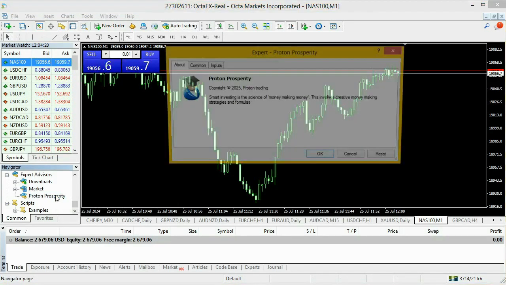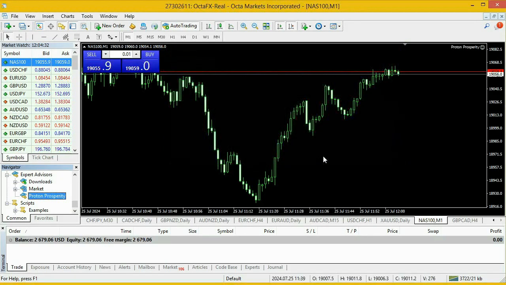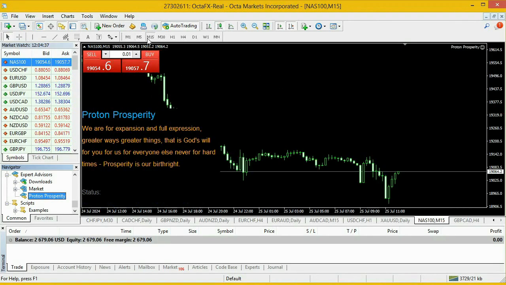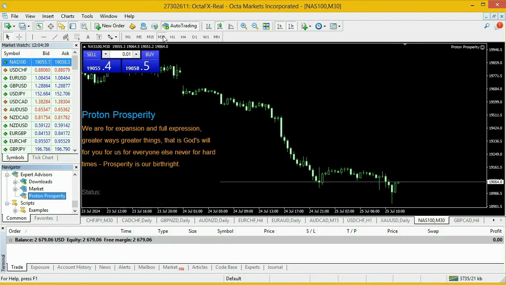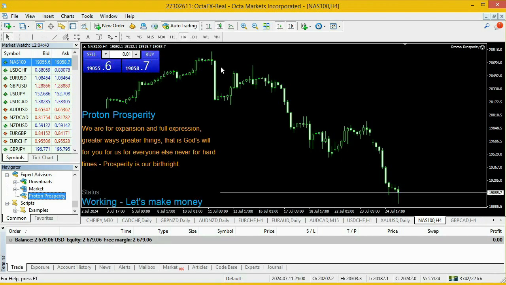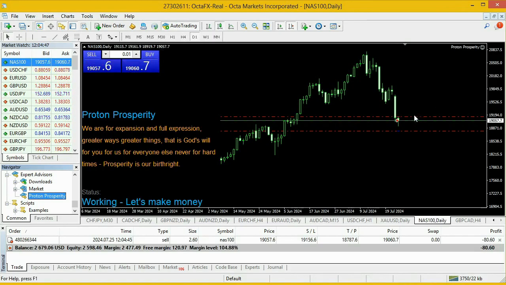We load the expert. Sell position executed. Our stop loss. And take profit.